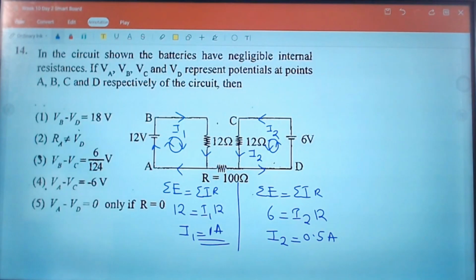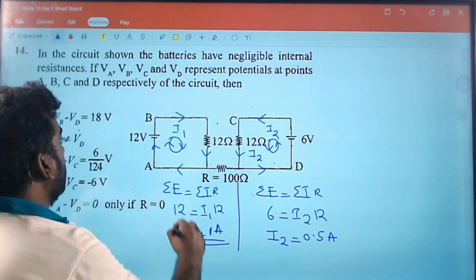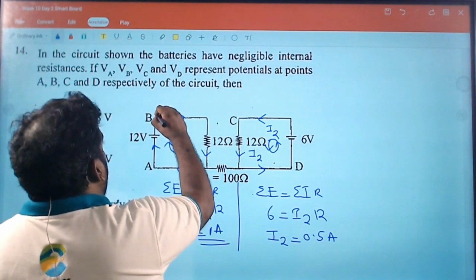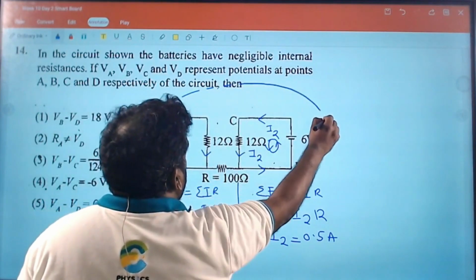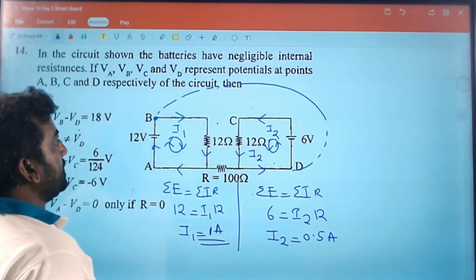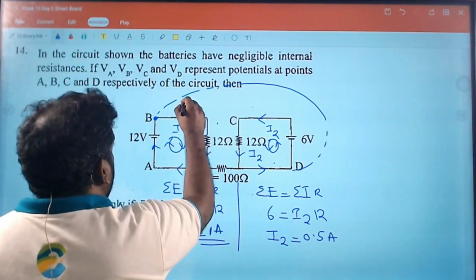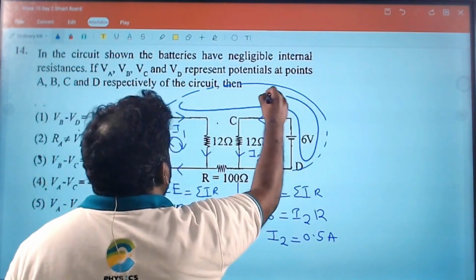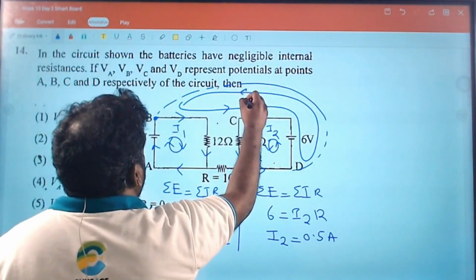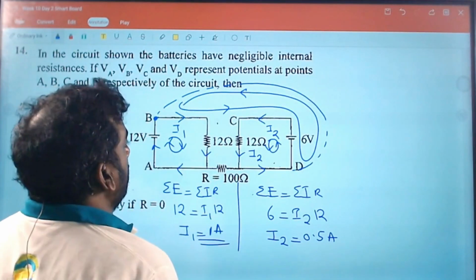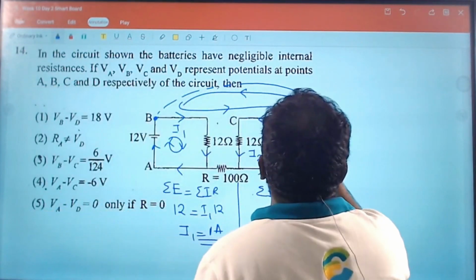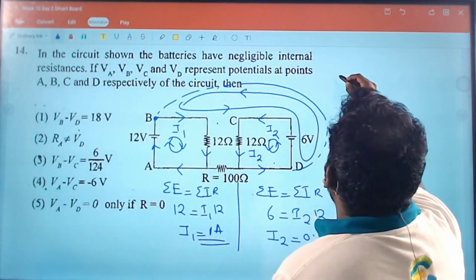VB minus VD. If I join this and that with the imaginary line, VB minus VD. So you apply the loop B to D. So here it's going through the imaginary loop.